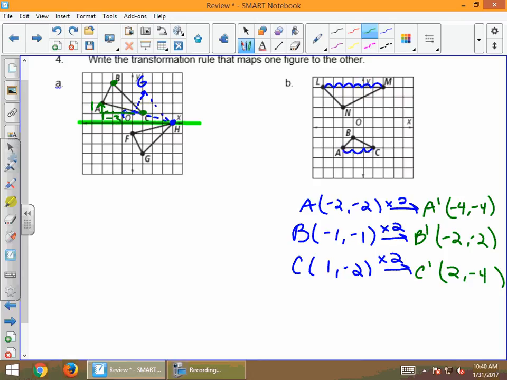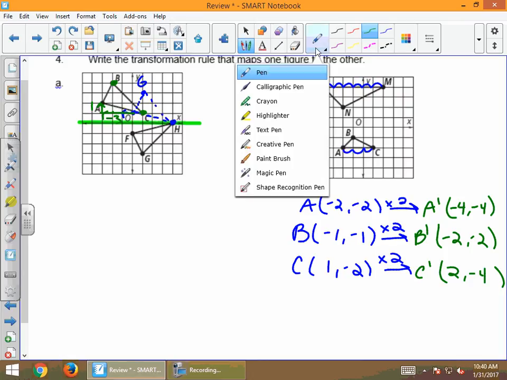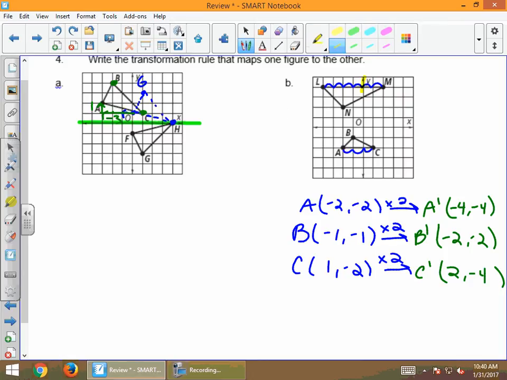So -4. Okay, it's helpful to highlight that axis. Sometimes it's just really hard to see. So we have -4, -4, -2, -2, and that was A, B, and C, and 2, -4.